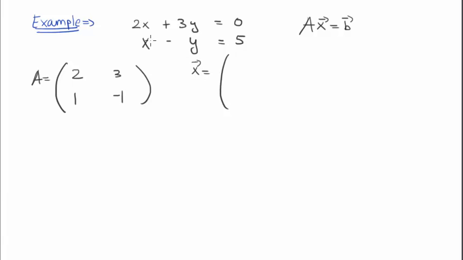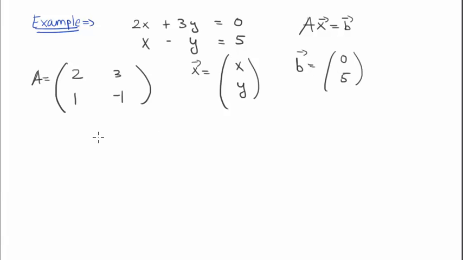This x over here and this x over here are not related at all, okay? I could have unknowns of a and b, if I had a is equal to x and y is equal to b over here, but that's not the case over here. So we'll just stick to the convention. So this will be x over here and y over here, okay? And what's my b? Well, b is equal to 0, 5.